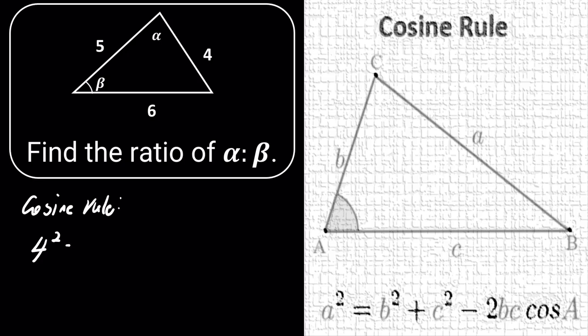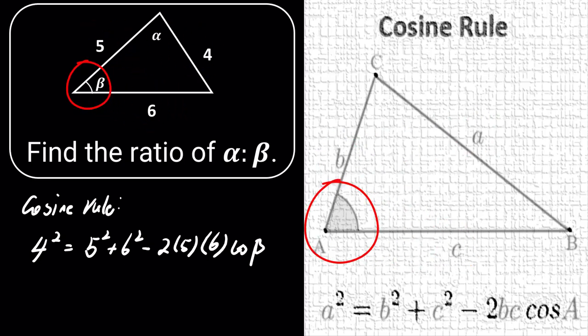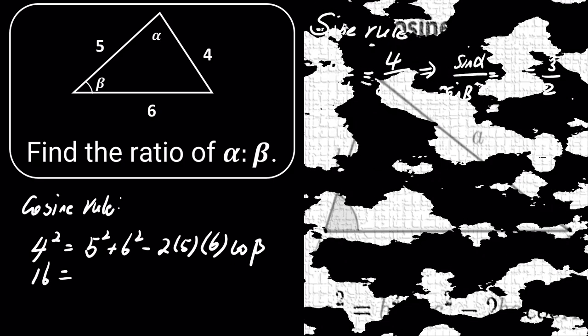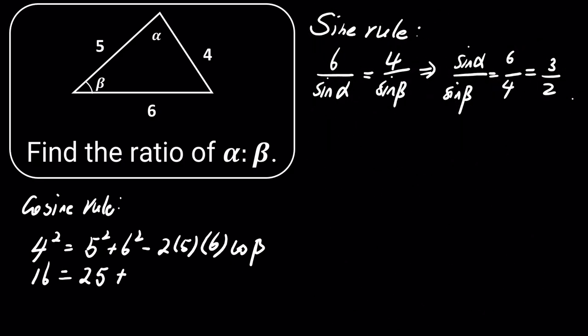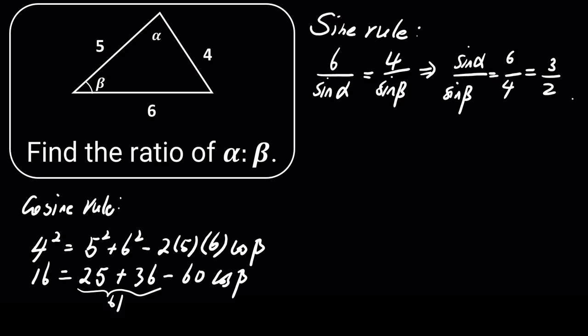4 squared equals 5 squared plus 6 squared minus 2 times 5 times 6 times cosine beta. And this is 16 equals 25 plus 36 minus 60 cosine beta. This is 61. 61 minus 16 is 45, and this is 60 cosine beta.